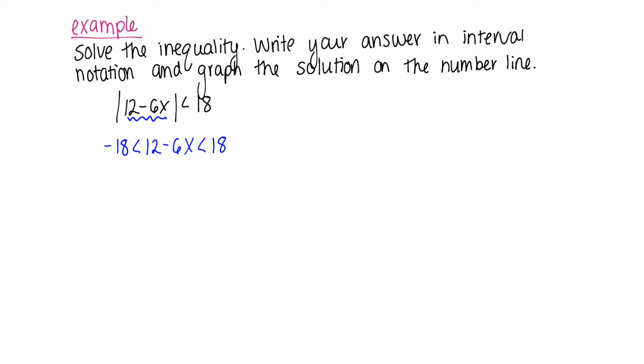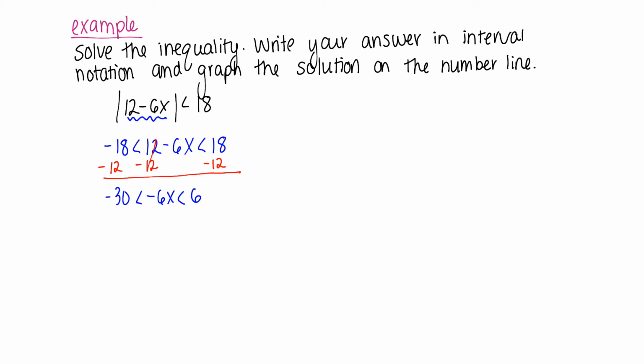I'm now going to be solving for x, and anything we do to one part, we do to all the parts. And we're going to have to be a little careful here because we're going to end up dividing by a negative. So the first thing I'm going to do is subtract that 12 off to cancel here. Here we have negative 30 is less than negative 6x is less than 6.